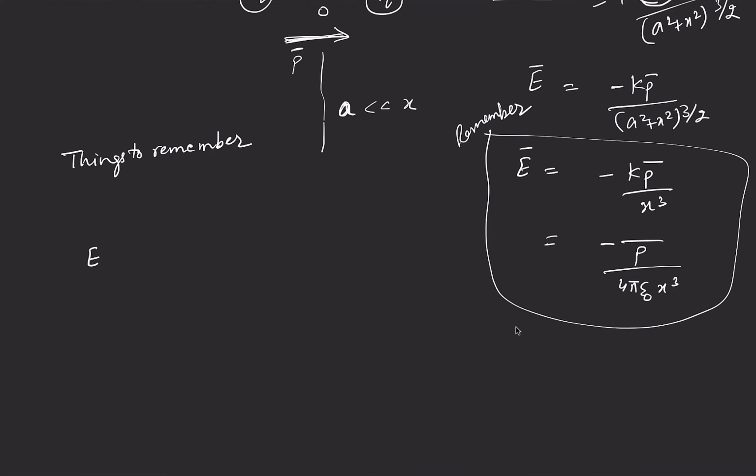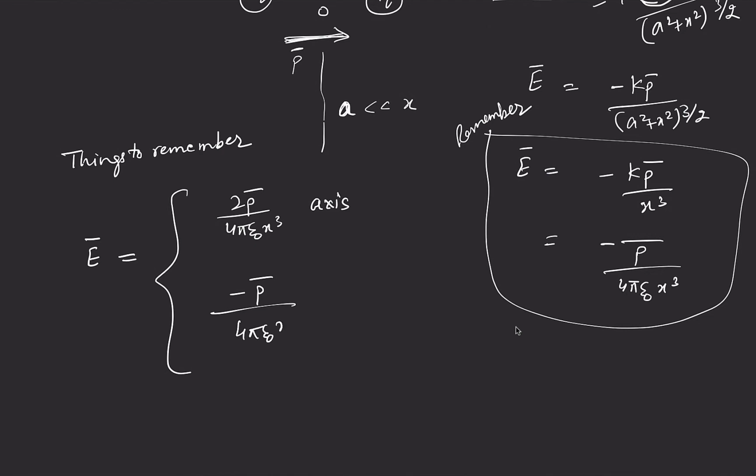The electric field is equal to 2p upon 4 pi epsilon naught x cube on the axis, and minus p upon 4 pi epsilon naught x cube on the equator. So on the equator the field is in the opposite direction of the electric dipole, and on the axis the field is in the same direction as the electric dipole moment.